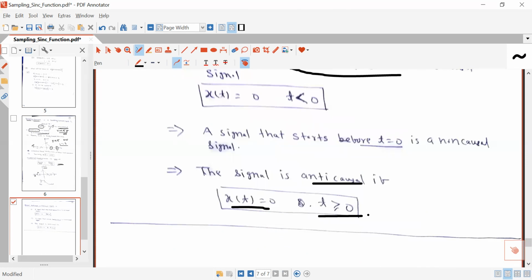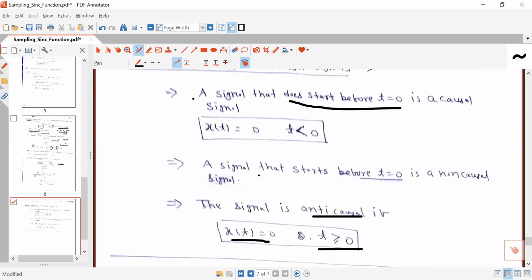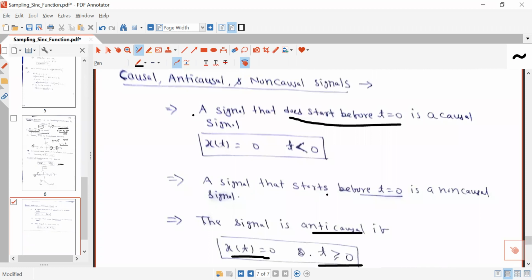And a non-causal signal is a signal that starts before t equal to 0. This is the basic difference between causal, anti-causal and non-causal signals. You will also study causal and anti-causal systems in the next lecture. This is about signals, so this is all about the signals.